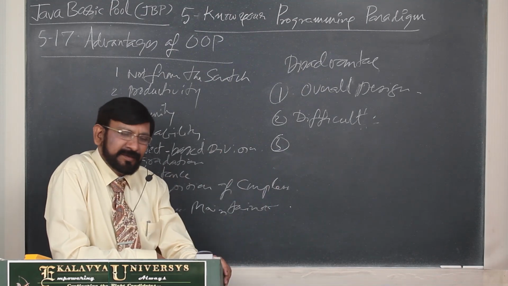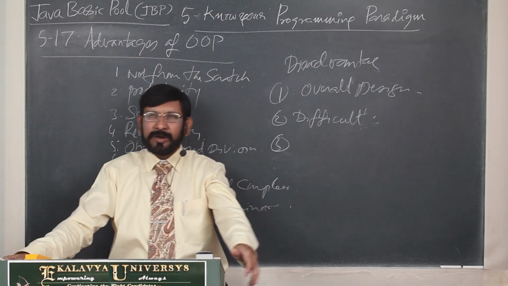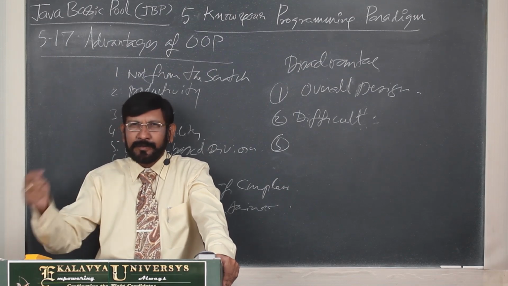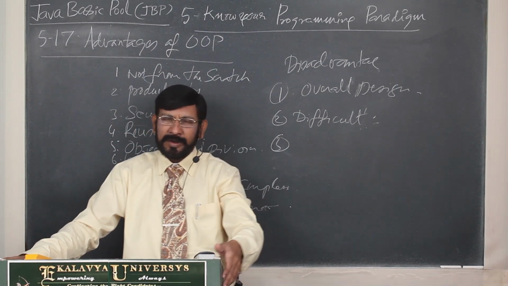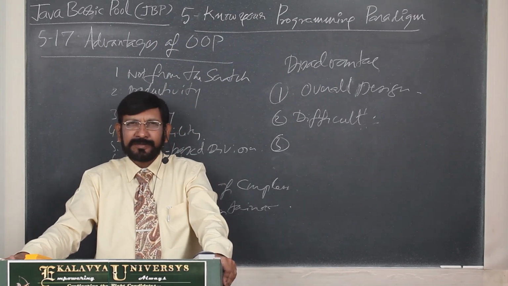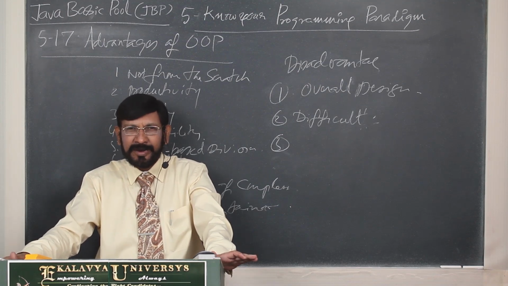And finally, one more thing. What is the difficulty? Actually, we are talking about object oriented programming, so the object is the building block. Object means, all new programmers or novices always feel object means some physical object. Suppose student, they have no objection. Car, they don't have an objection.